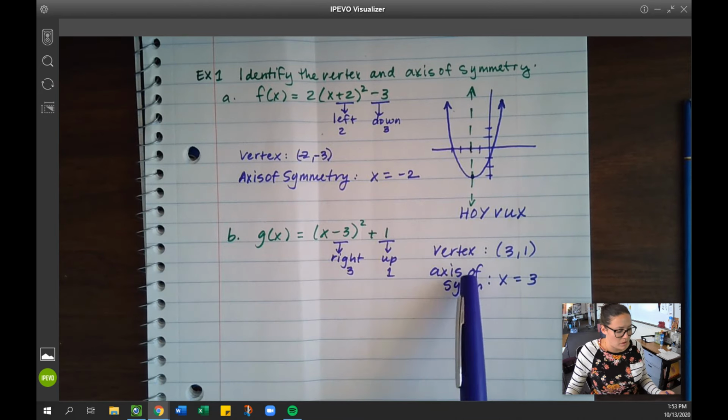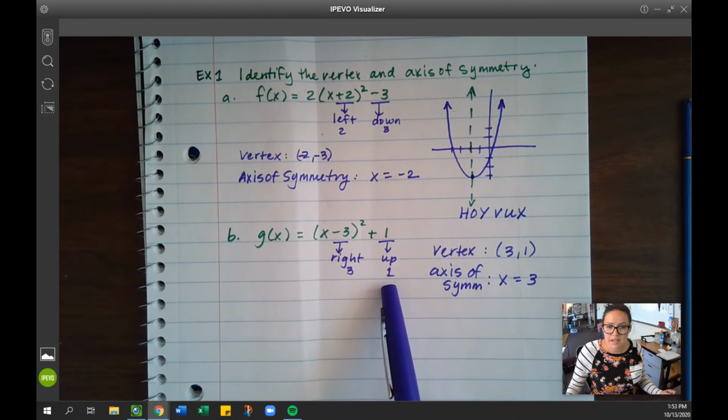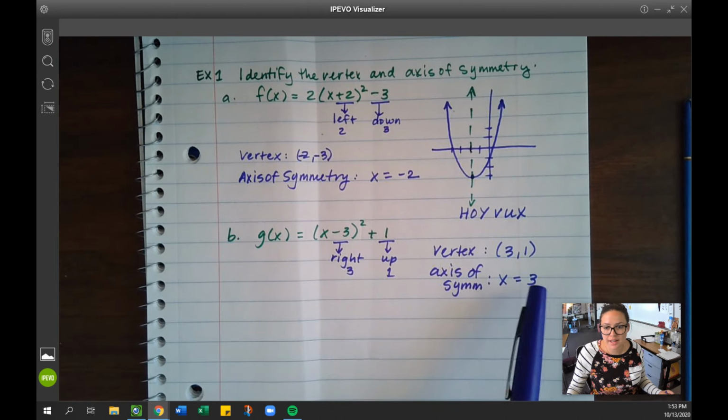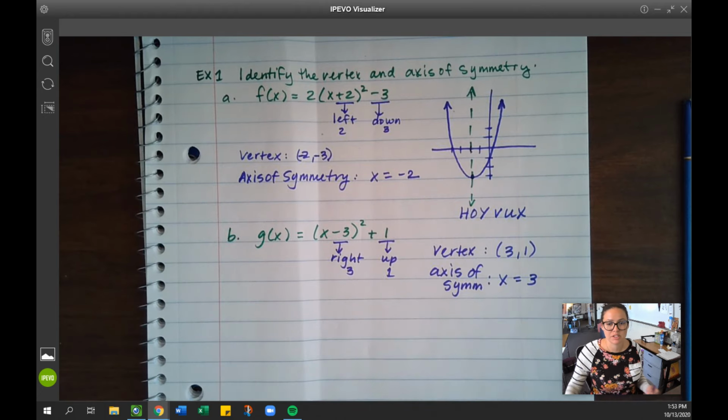All right, so we're going to go right 3 and up 1. And that means our vertex is at 3, 1. And remember, our axis of symmetry has the same value as the x in the vertex. So my axis of symmetry is x equals 3.